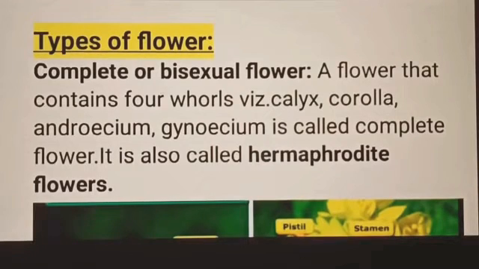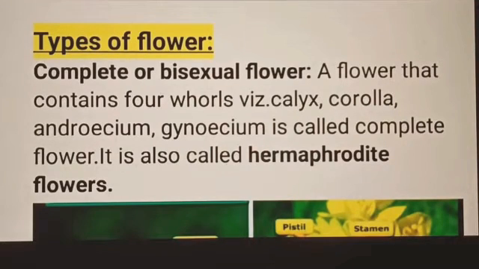Next we move to the types of flower, that is the complete or bisexual flower. What happens in case of a complete flower? Here you can see that the four whorls, that is calyx, corolla, androecium and gynoecium, are present, and that's why those types of flowers are also known as hermaphrodite flowers.